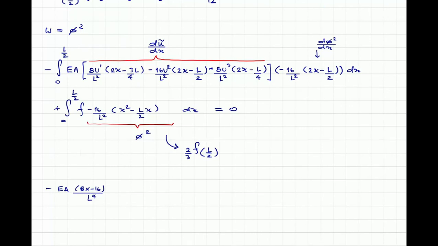Bring them out. And the inside from 0 to L over 2, the domain is still the same as before.